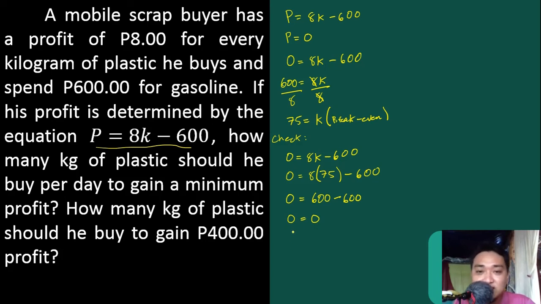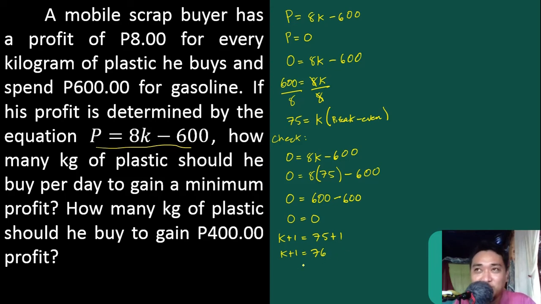So, ang gagawin lang natin is, magdadagdag lang tayo kay K ng 1. So, that is K plus 1 is equivalent to 75 plus 1, 1 kilo. That is 76. So, ibig sabihin, para makagain siya ng 8 pesos na kita, imagine, 8 pesos lang yung kita niya for that day. Kasi yun lang yung naiuwi niyang scrap eh. So, that is 76.